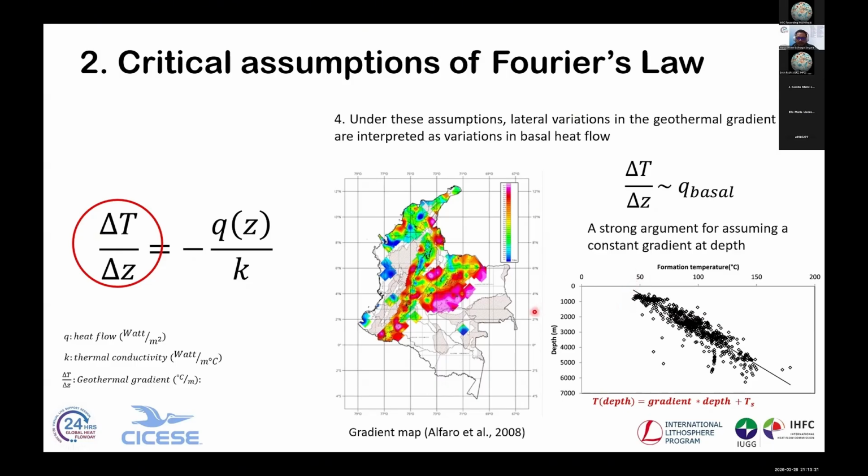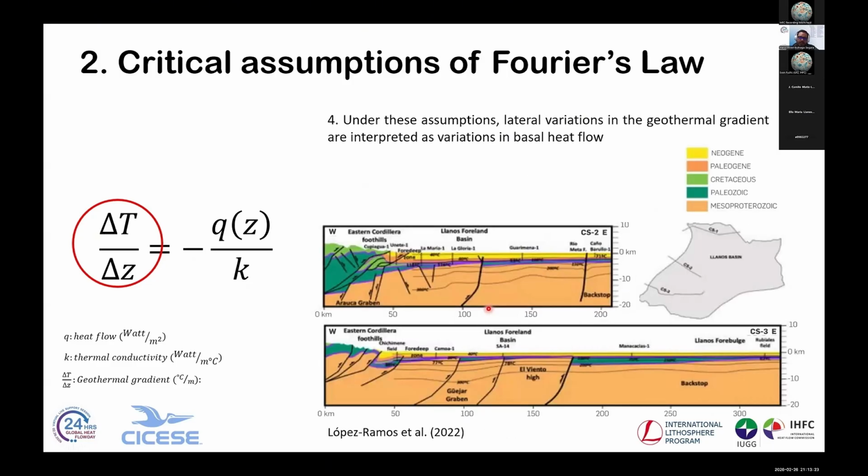Well, based on those assumptions, we can calculate some kind of isotherms in different sedimentary basins.